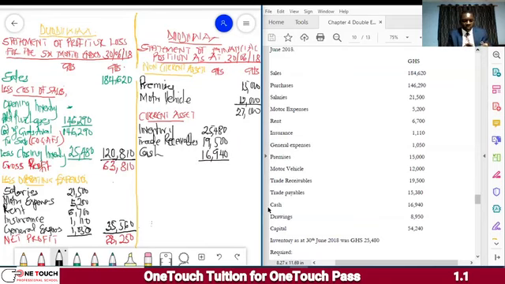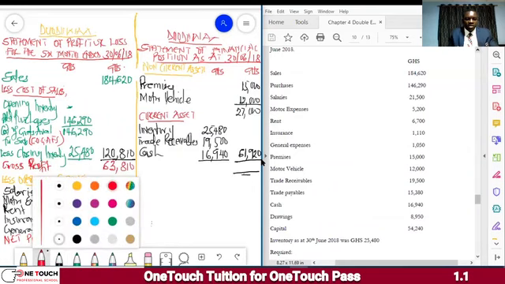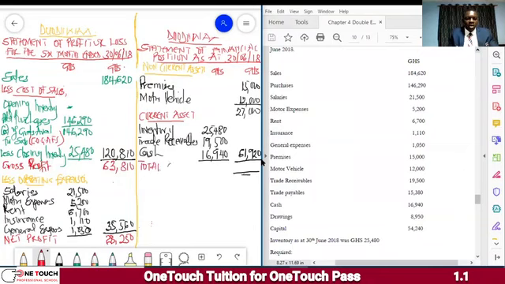We have 25,480 plus 19,500 plus 16,940, and that gives us 61,920. So let's add and see our total assets. So this plus 27,000 gives us 88,920. Good.